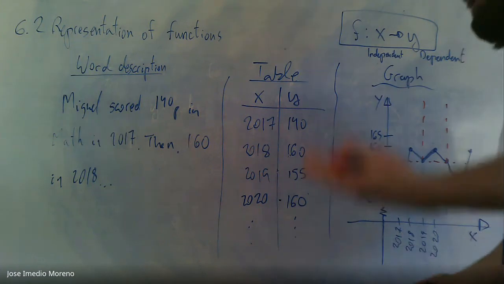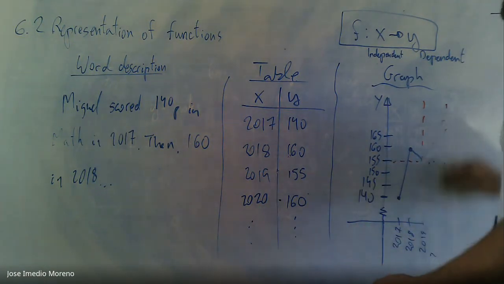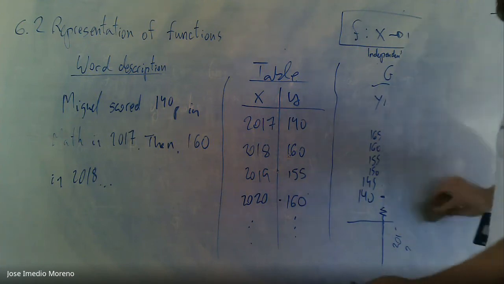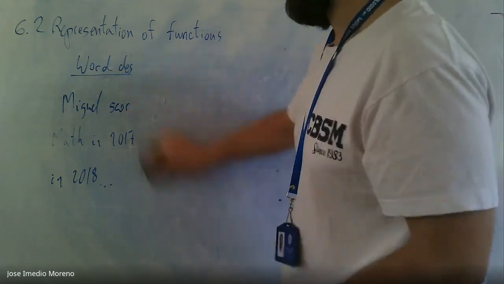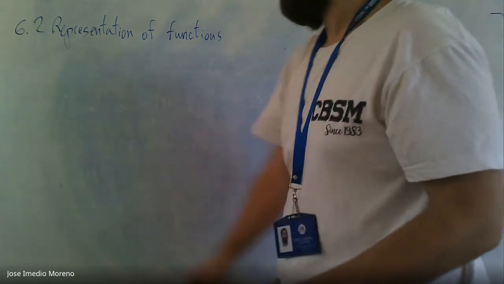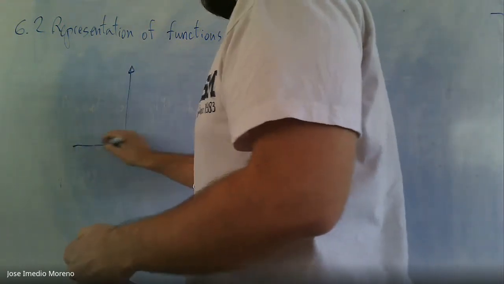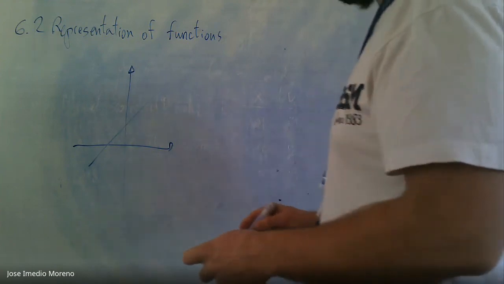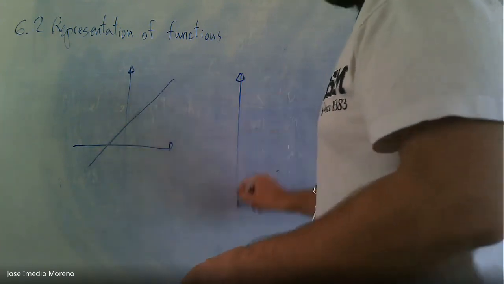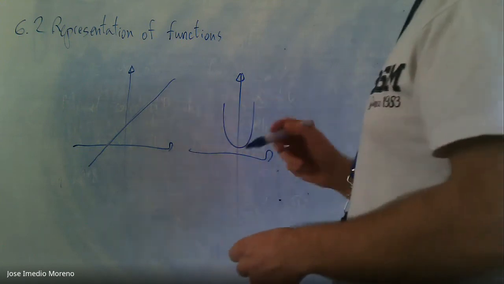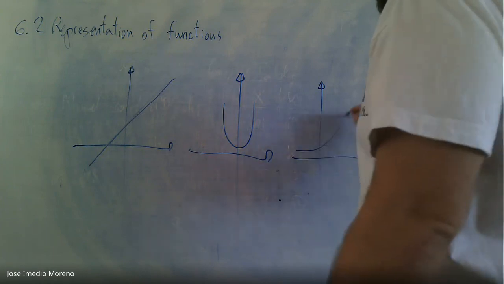But there's another way to express a function when it is predictable. Some functions are predictable. And I have many types of predictable functions. I have linear functions, which are the ones that can be represented with a line. I have quadratic functions, which have the shape of a U. There are also exponential functions.